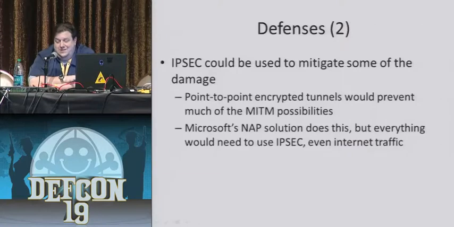Or in all likelihood, you wouldn't be able to man in the middle any of that at all. But you still have to connect to the internet. And unless you route all your traffic through a proxy over an IPsec tunnel, you're still going to have web traffic and stuff like that that goes out in the clear. So there really isn't, aside from locking your doors and making sure people know what's going on, a good defense for this.